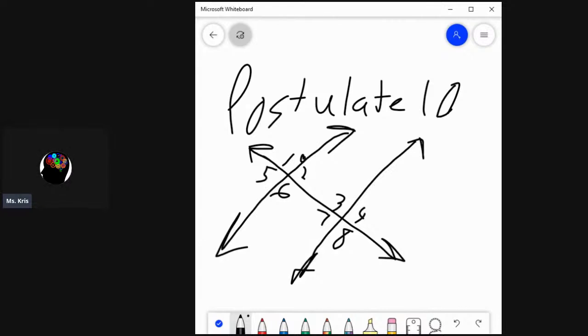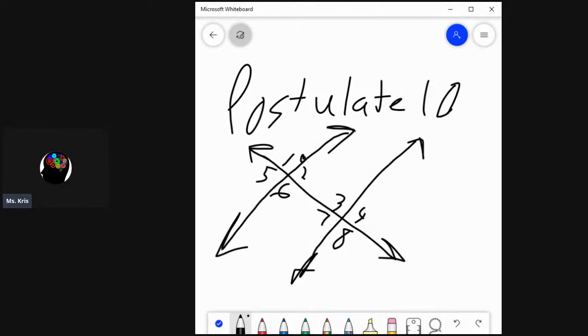Now, alternate interior angles says that this angle equals this angle based off of alternate interior angles. Just like you have vertical angles, which are alternate of each other. So 1 and 6 are vertical, 2 and 5 are vertical, 3 and 8 are vertical, and 7 and 4 are vertical.